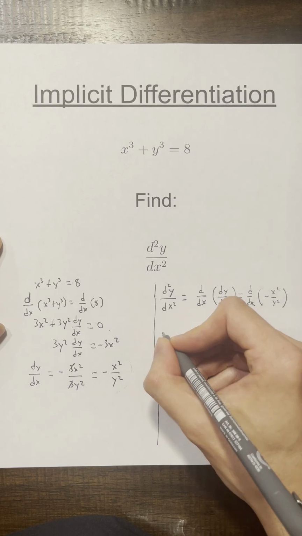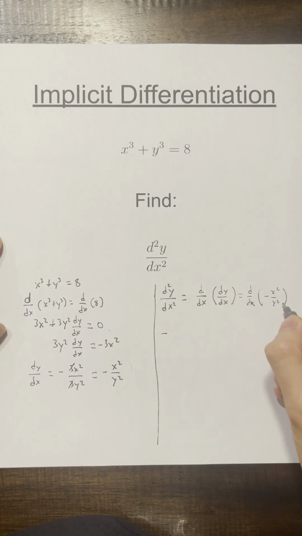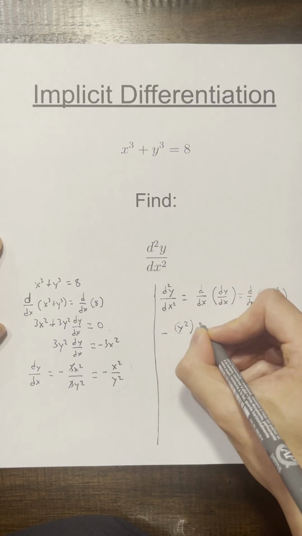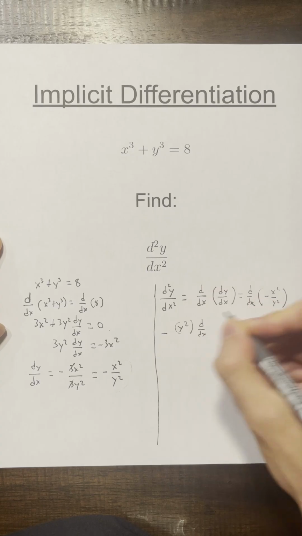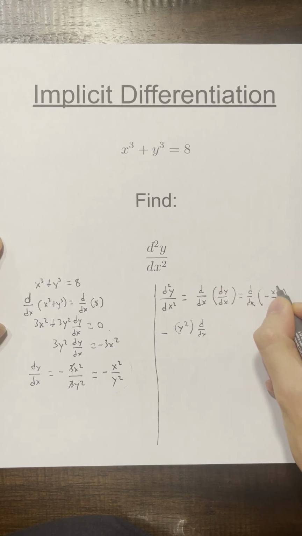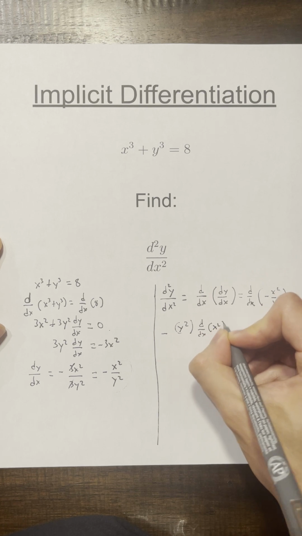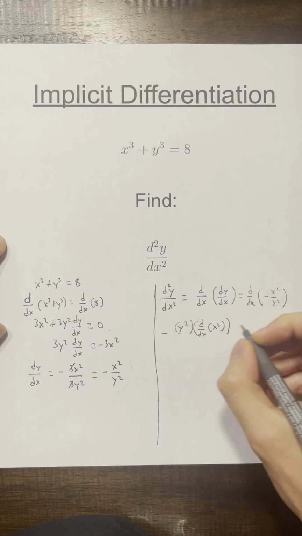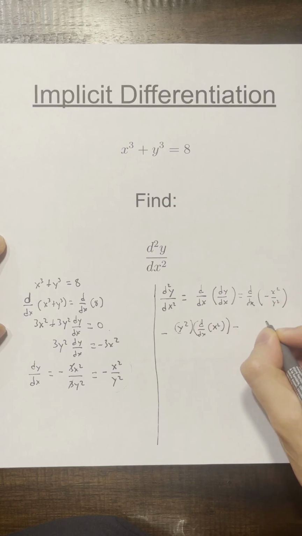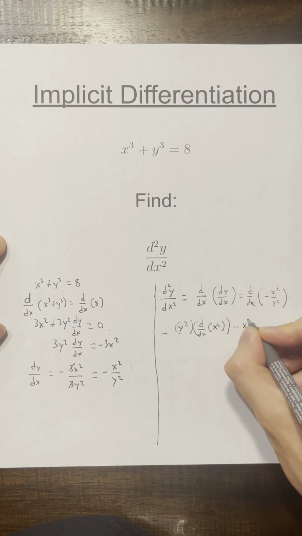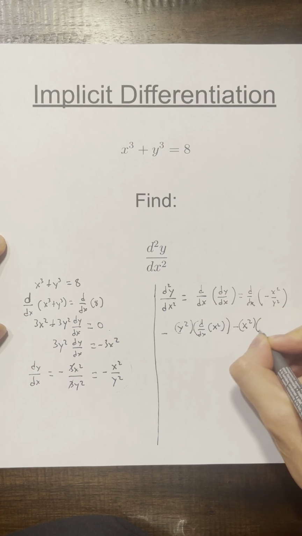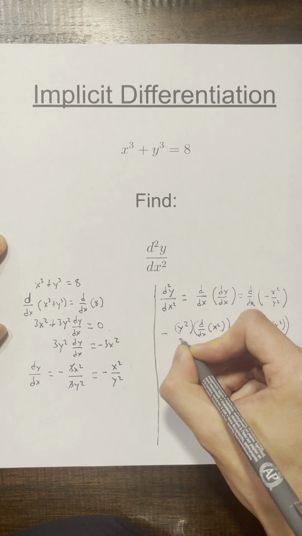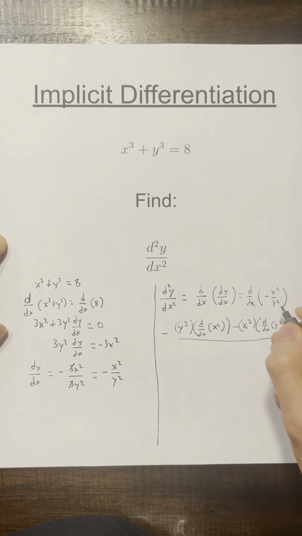Okay, so it's going to be negative low d high, so y squared times d dx of x squared, minus high d low, over low times low.